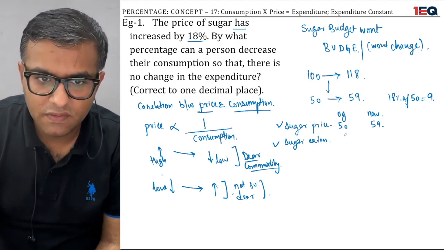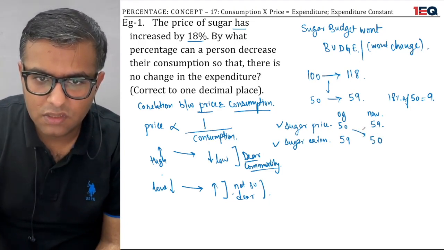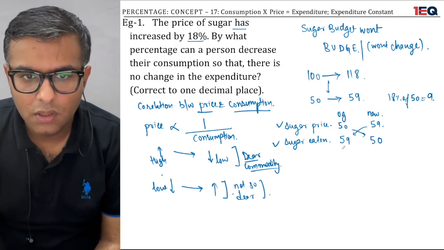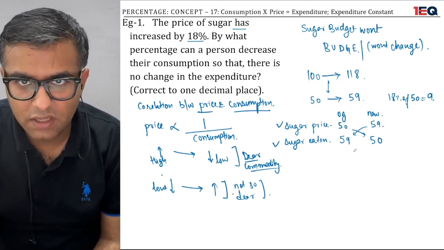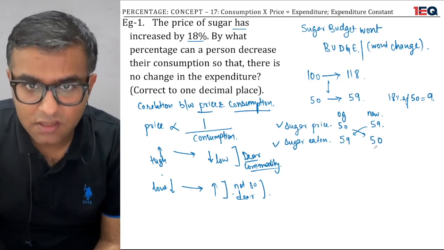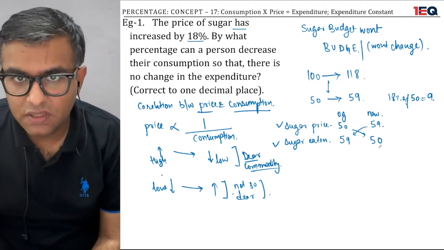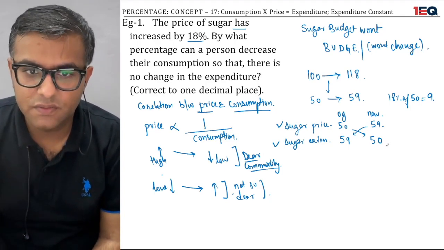The 59 comes here, and the 50 comes here. This means originally I was eating 59 units of sugar. Now, as the prices have gone up, I'm eating only 50 units of sugar.